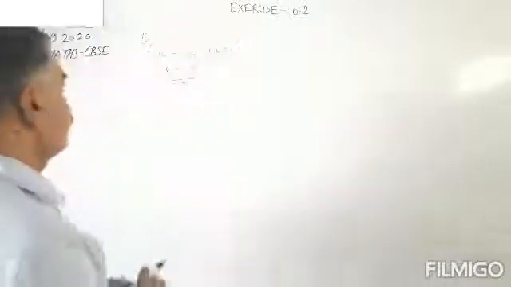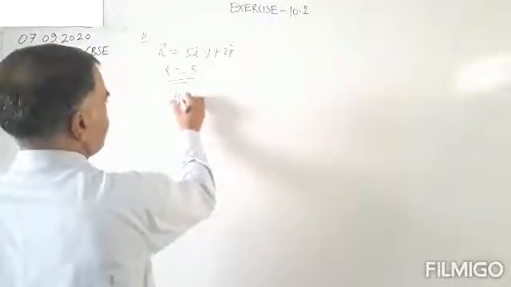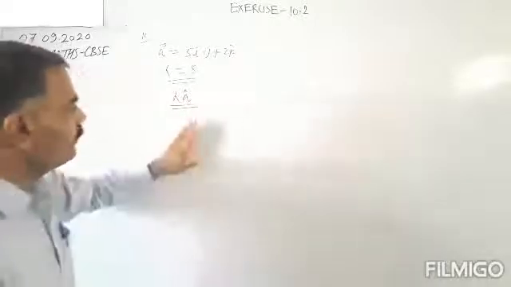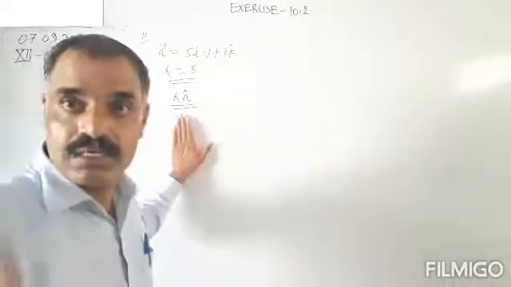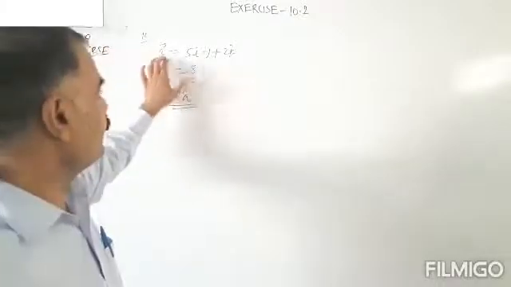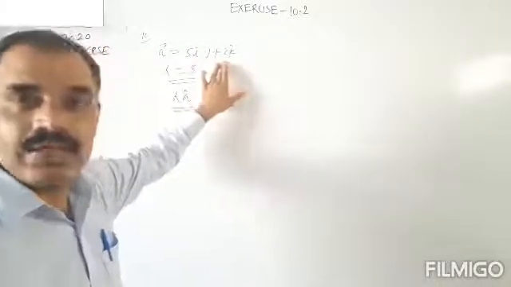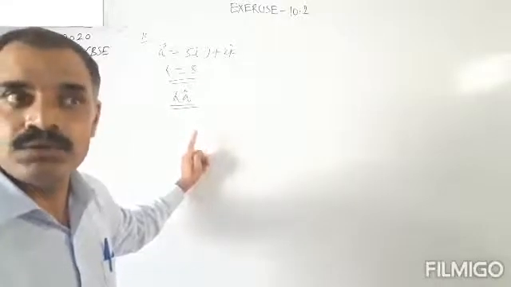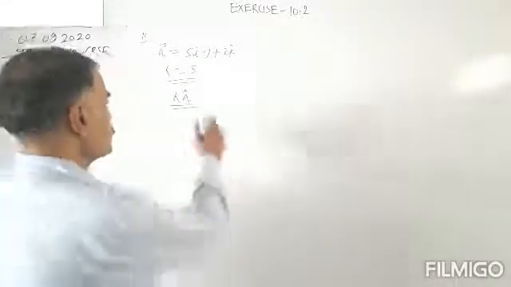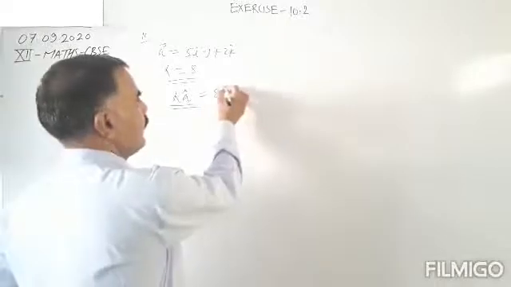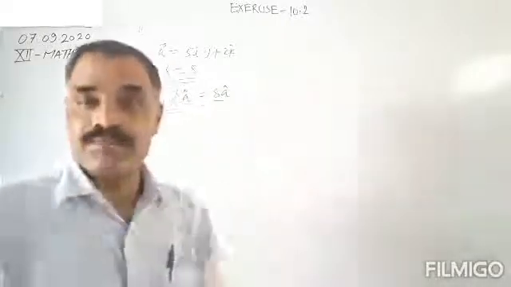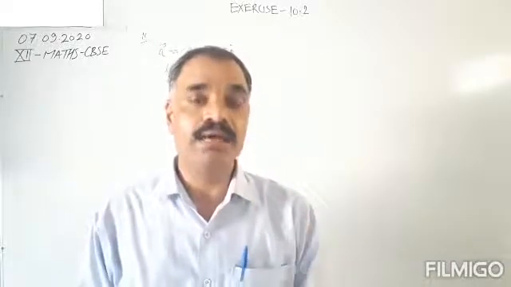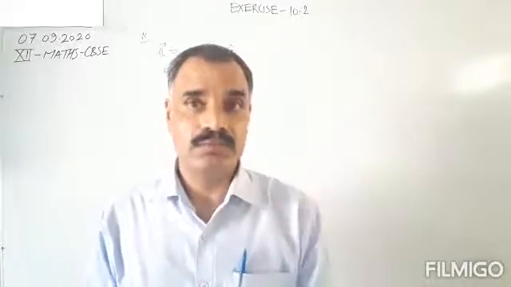We have lambda a cap is the vector in the direction of the vector a vector and having the magnitude lambda. So this is equal to 8a cap. 8a cap is the vector in the direction of the vector a vector and having the magnitude 8 units.